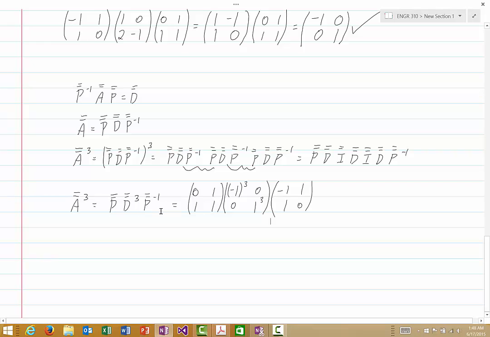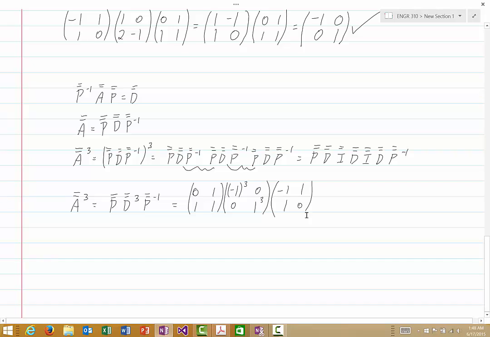But if we use this approach, we would still have just 0, 1, 1, 1 here, and then D raised to the 27th power, which is very easy to calculate. It would just be -1 to the 27th, 0, 0, +1 to the 27th, and then we'd have -1, 1, 1, 0.